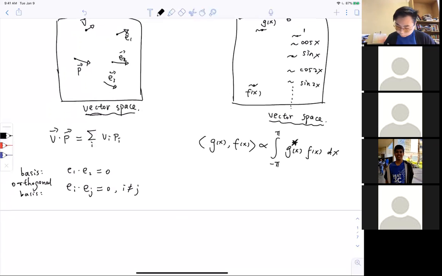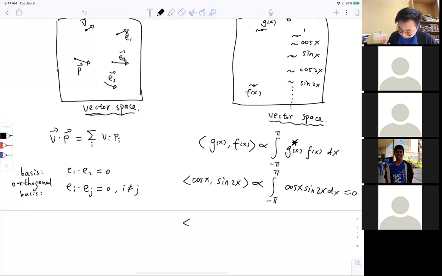So similarly, we have the same thing here. The dot product between different bases, for example, cosine x and sine 2x, according to our definition here, you can do the integral. So here the product of cosine x and sine 2x is 0.